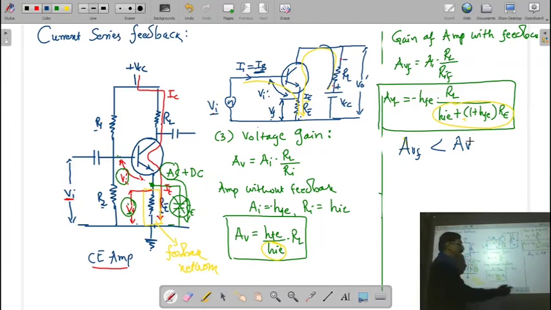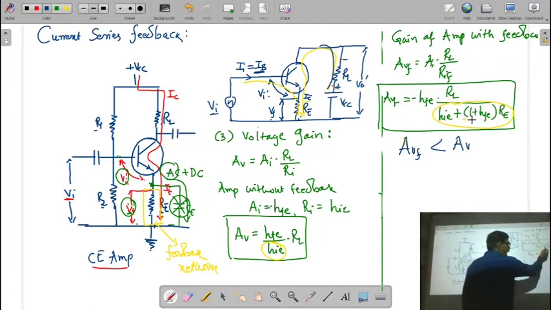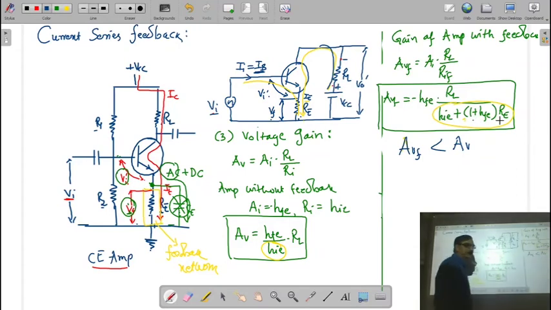Why is it less? Because in the denominator we have this extra factor of 1 plus HFE into RE. So here in the current series feedback, after providing negative feedback, the voltage gain of the amplifier is going to decrease.